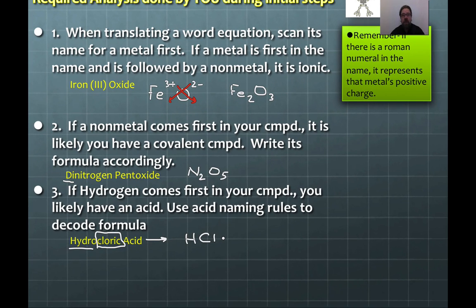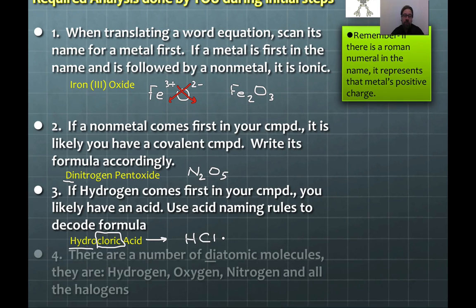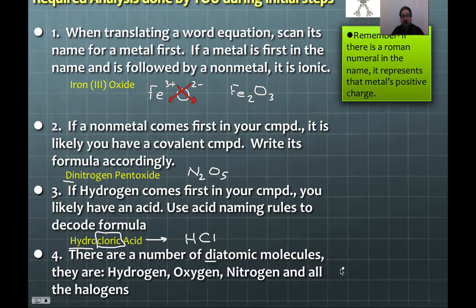And last but not least, super important, there are a number of diatomic molecules, and those are HON and the halogens. So anytime you have any of these particular elements in Chem 1, you know that you're going to have a diatomic molecule. Let's look at liquid bromine. Bromine's not hydrogen, oxygen, or nitrogen, but it is one of the halogens, and all of the halogens have a diatomic subscript of 2 behind them.